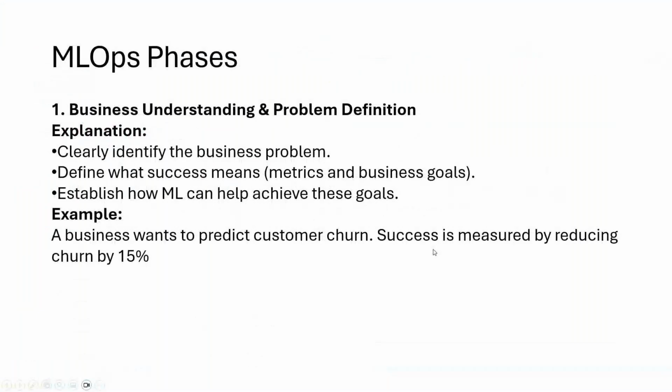So what are the phases while doing MLOps, and how will MLflow help you? Let's go at a high level because we have covered this in the last couple of sessions as well. The first phase of MLOps is business understanding and problem definition. You have to first understand what kind of model you are trying to build, and have a clear definition of it.